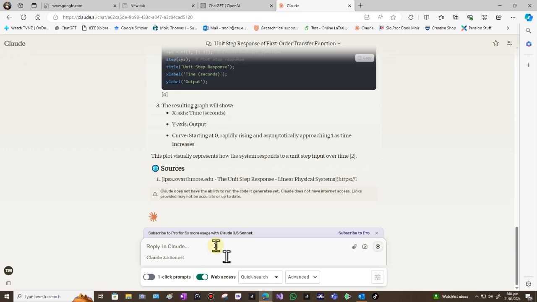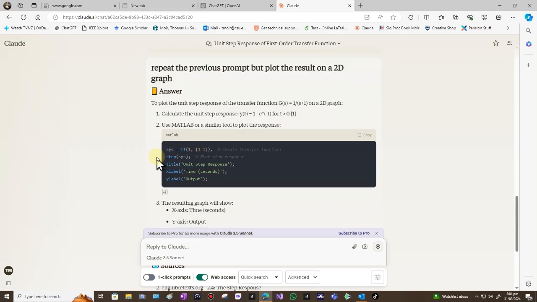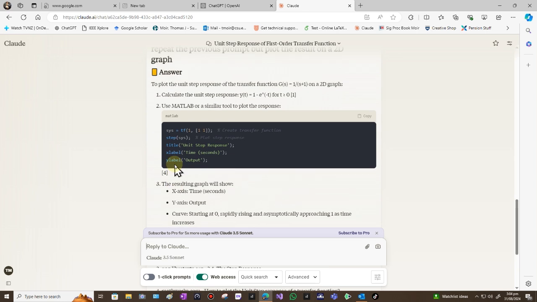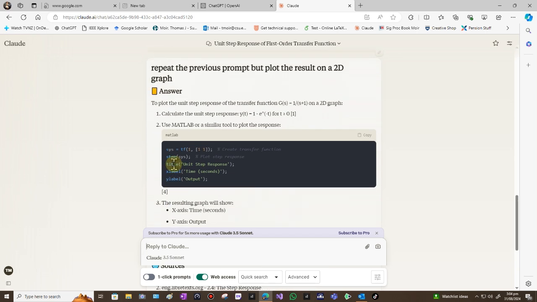It's basically saying if you want to plot it, mate, I can't do it, but you can do it this way if you've got Matlab. And that's fine. I mean, if you've got Matlab, you can do that, or you can do something similar in Python. You could ask it to do a Python program, but again, what I'm asking here is is there really a need to do that?